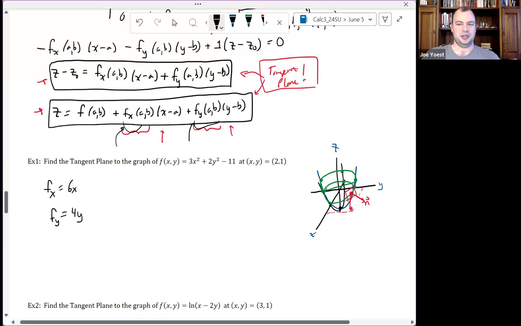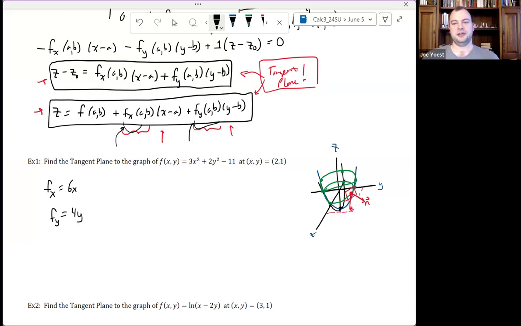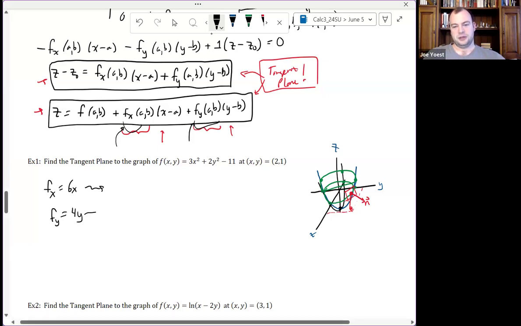Remember, the whole idea is to get a tangent plane, a linear function. If I have 6x times x minus a, that's a quadratic. Or really, the partial of f with respect to x could be any function. It could be an exponential function or a sine or something. The goal is to figure out the values of these partials at the point of tangency.